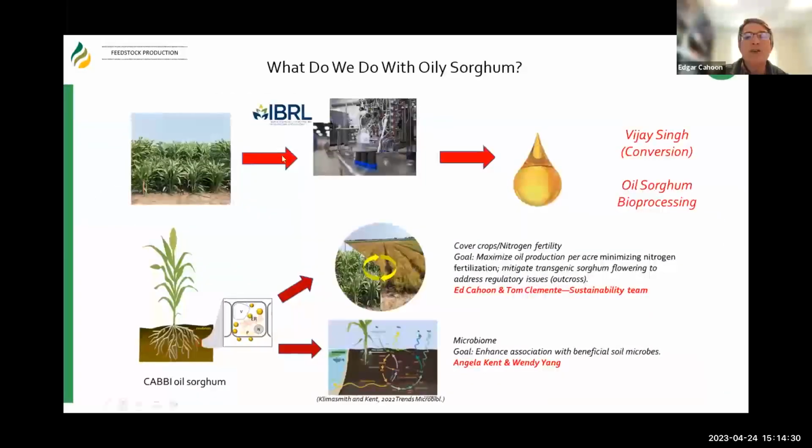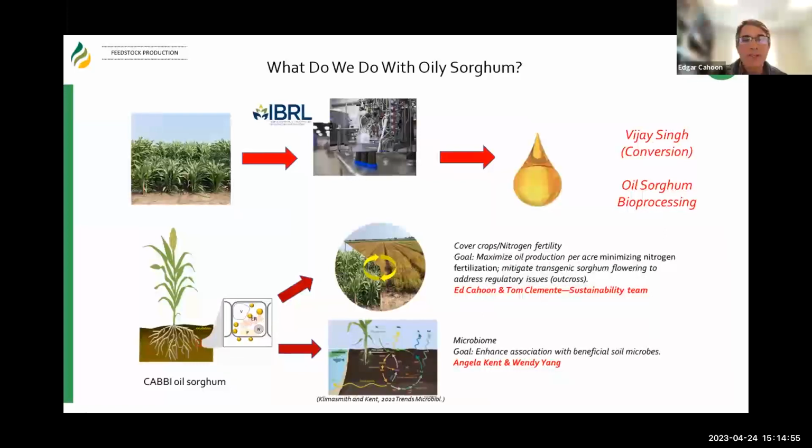But anyway, we are making this oily sorghum now. And so the idea is to work with folks like Vijay Singh and his group and Conversion to figure out ways to more quantitatively extract the oil from the sorghum and use that for the bioprocessing and have the biomass left over for other potential uses.